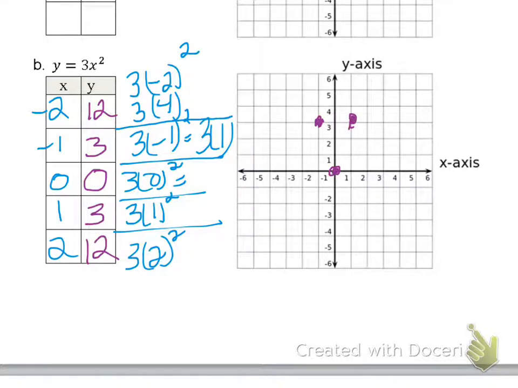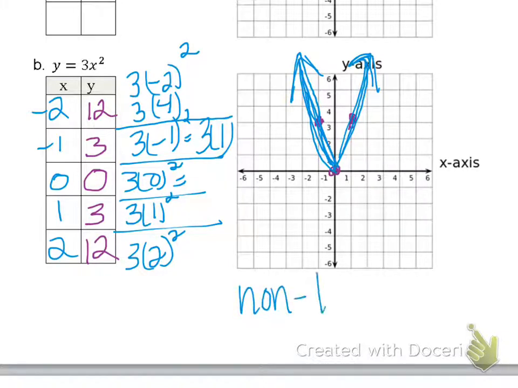So if I connect those points, sorry about the messiness here, you can tell no matter how messy it is that this is not a line. So this is non-linear because it doesn't form a line. It actually forms what is called a parabola because it's a quadratic equation. We'll get to that later.